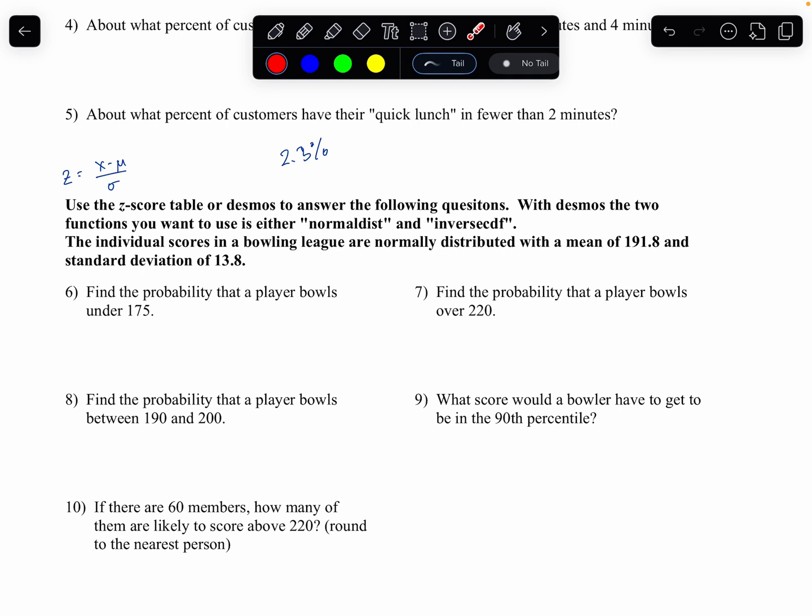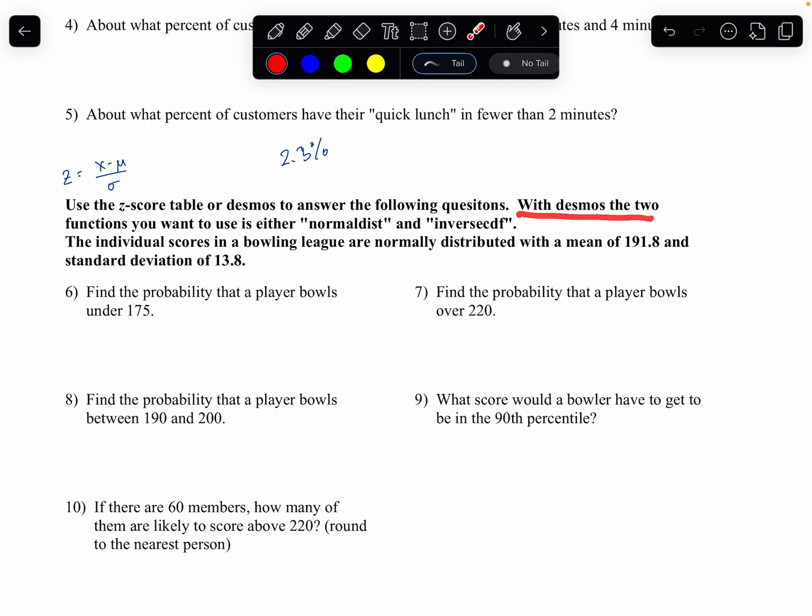The reason you might need a z-score is in this case where we have 175, you just need to find how many standard deviations this is away from the given mean and then calculate the probability from the table. But we're just going to use Desmos. It's so much easier. We don't need to calculate z-scores, and just nice.